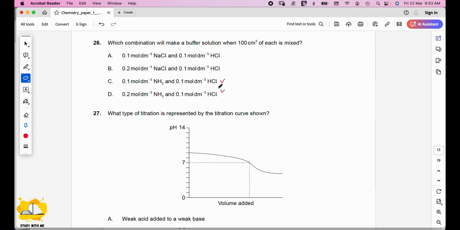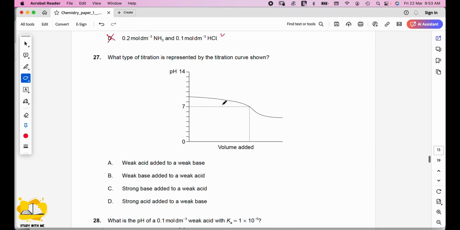The key point that you need to pay attention to is that the amount of weak base should be bigger than the acid, so that is the requirement to make a buffer solution. So the answer will be D, as in C they have the same concentration.